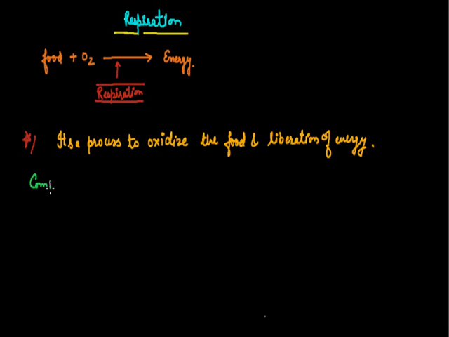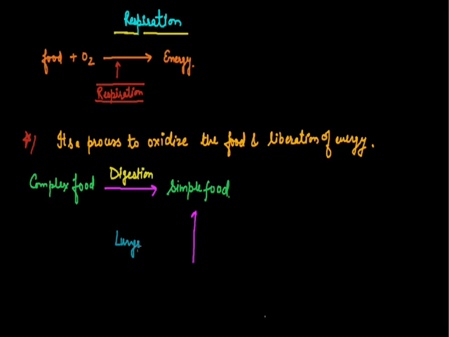Complex food is first transformed into simpler food by the digestion process, and later we take oxygen through our lungs, which reaches the simpler food material and is utilized to oxidize this simple food substance and produce energy. This is respiration.